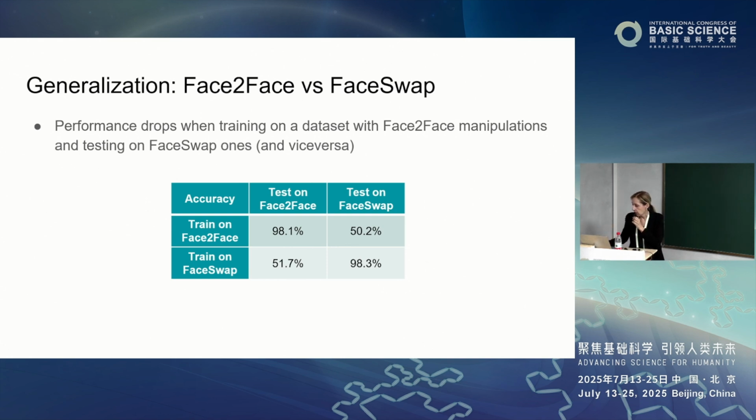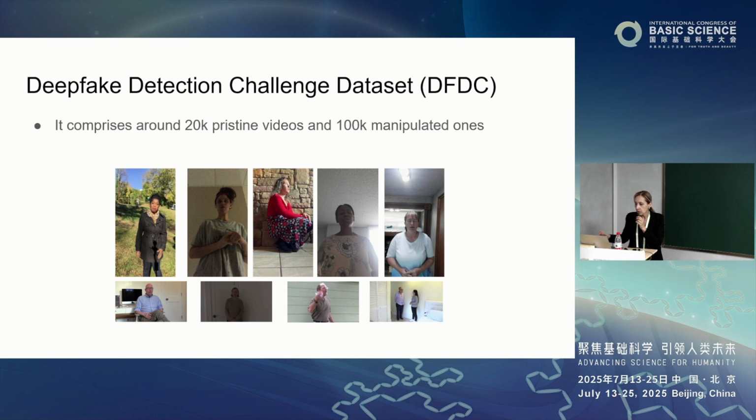And we said, okay, let's also consider a different dataset. This was a dataset that Meta AI proposed in 2020, the Deepfake Detection Challenge dataset, which was also included in a Kaggle competition. This was a very large dataset with 20K pristine videos and 100K manipulated ones.